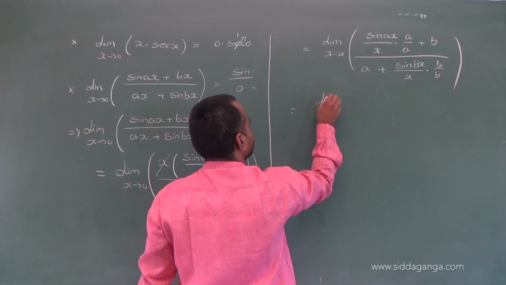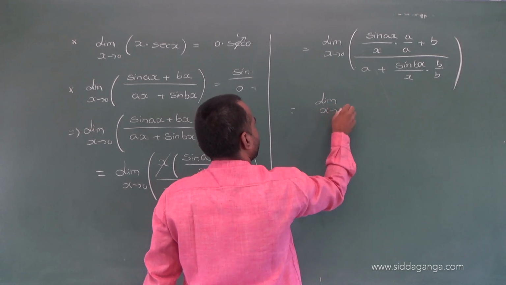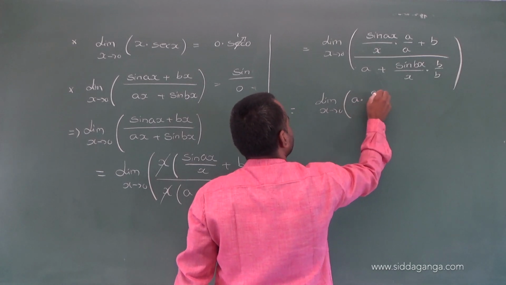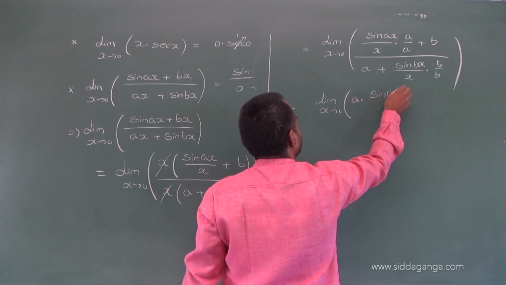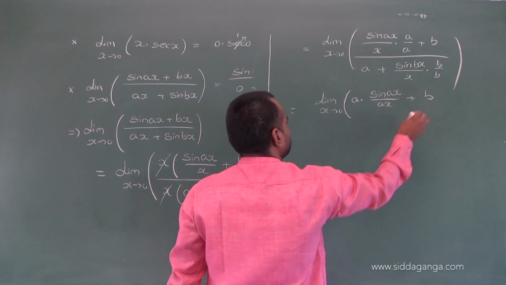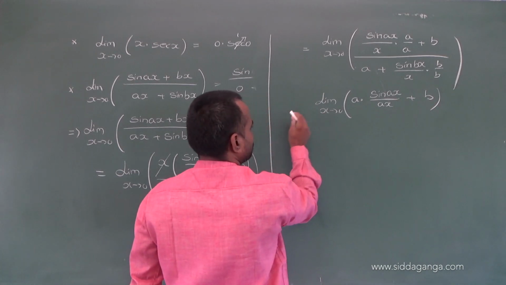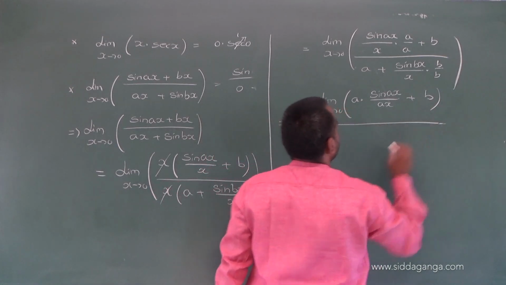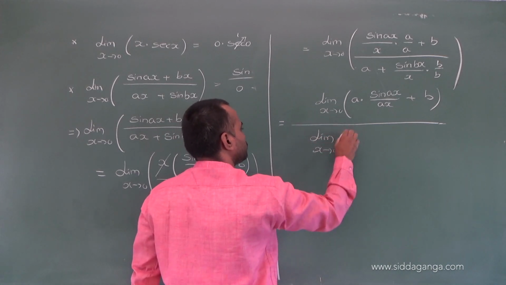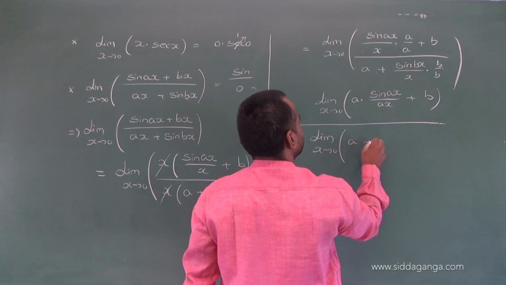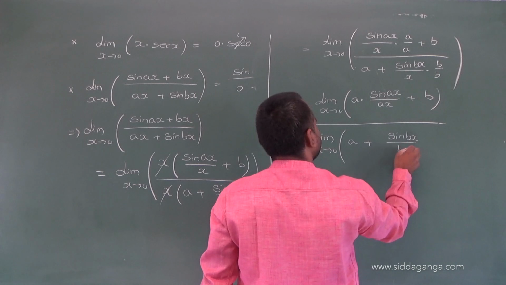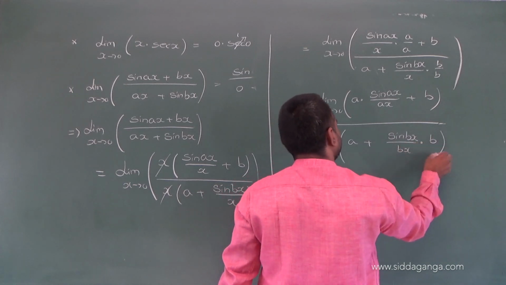We separate the limit: a into sin ax divided by ax plus b, whole divided by a plus sin bx divided by bx into b.